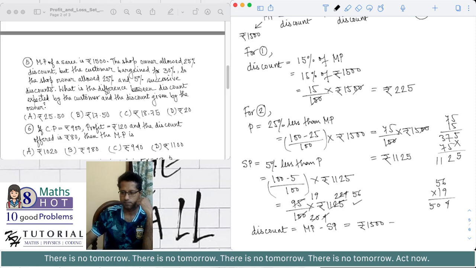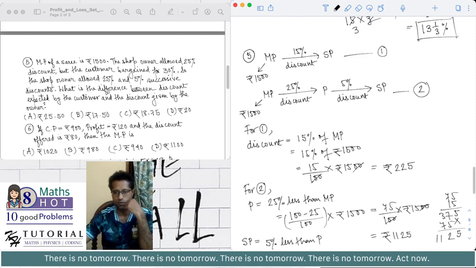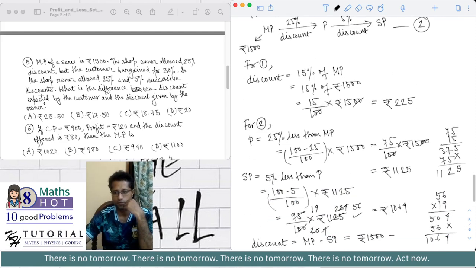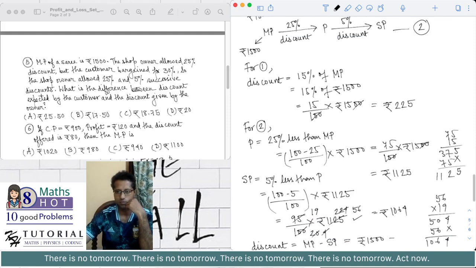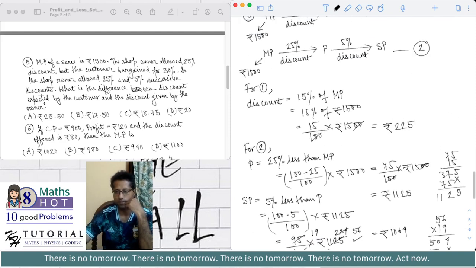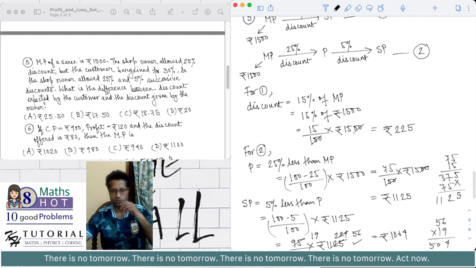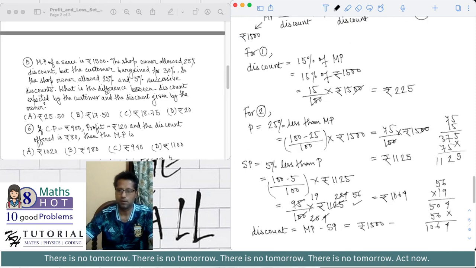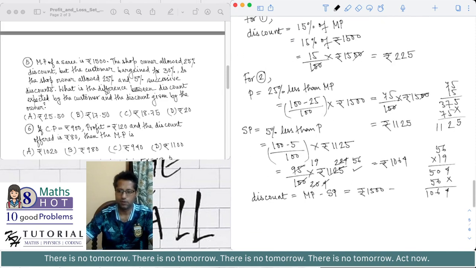So this is equal to rupees 1064. The selling price in the second scenario is rupees 1064, where the shopkeeper gave two successive discounts of 25% and 5%.